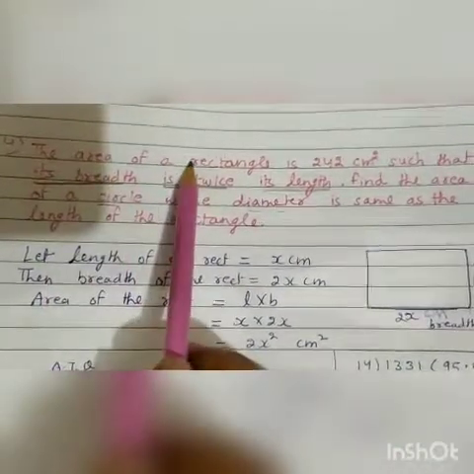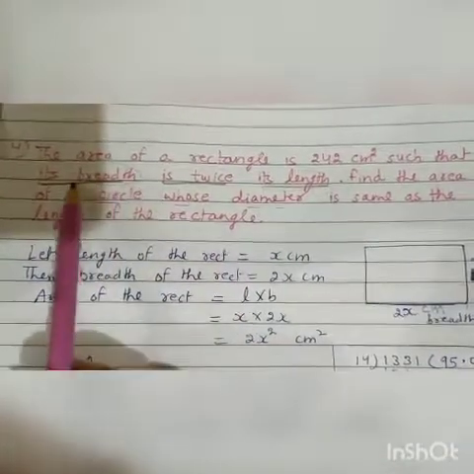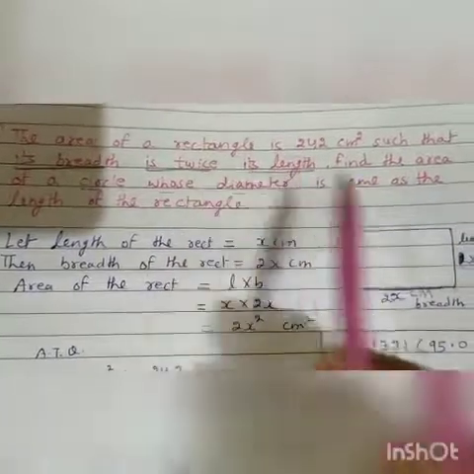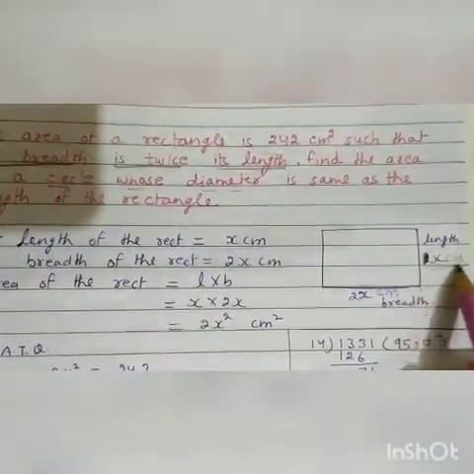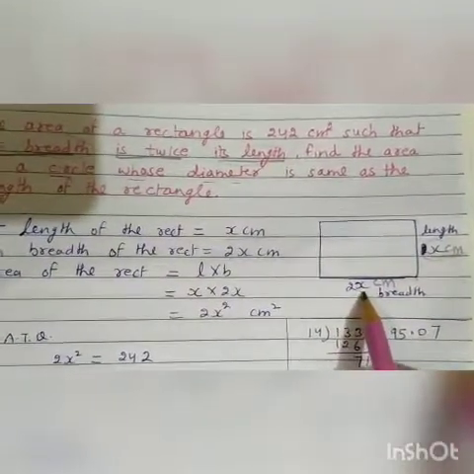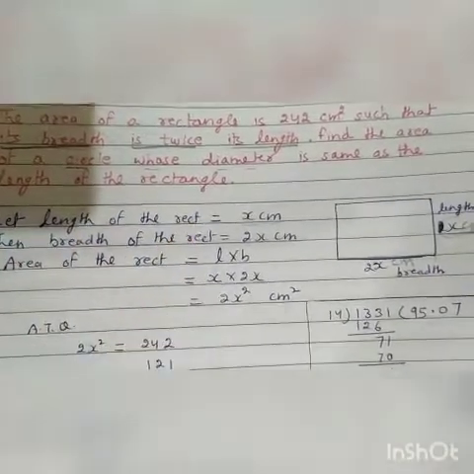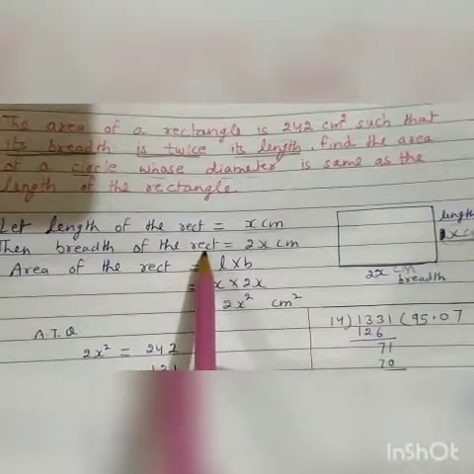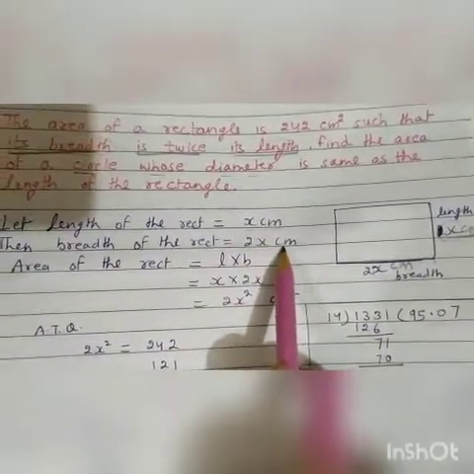Breadth of rectangle is twice its length. जो rectangle की breadth है वो rectangle की length से twice है, double है उसका. It means if we are taking length of this rectangle x centimeter, then breadth will be double, 2 into x, it is 2x centimeter. So let length of the rectangle equal x centimeter, then breadth of the rectangle is 2x. Twice, 2 into x, 2x centimeter.